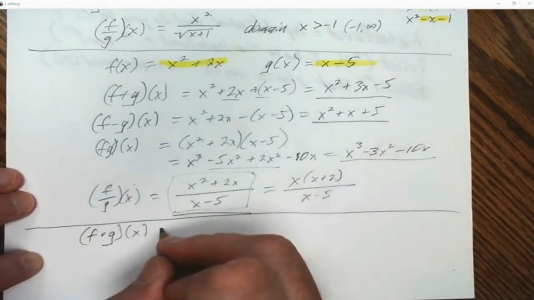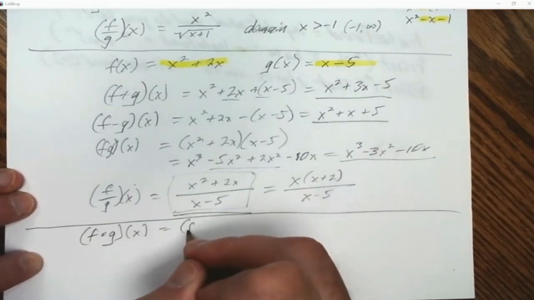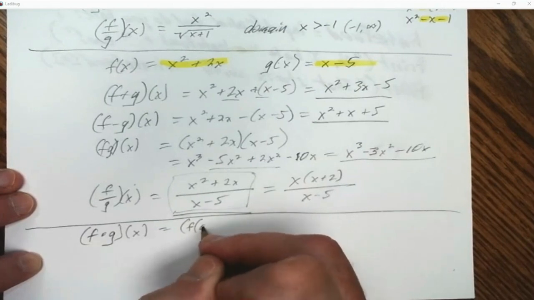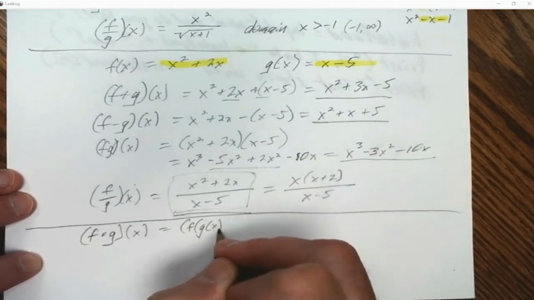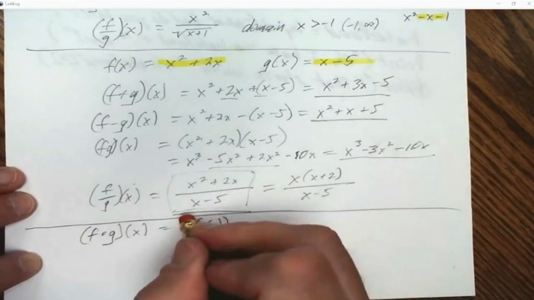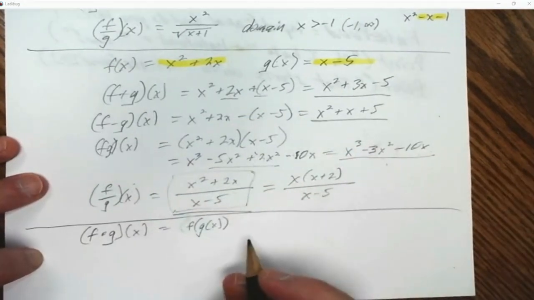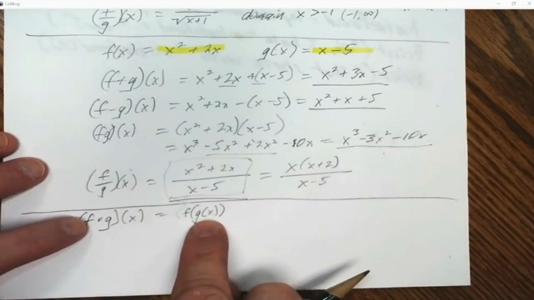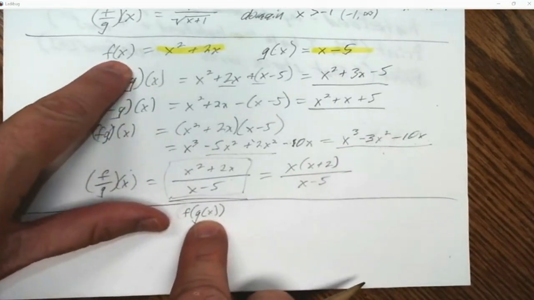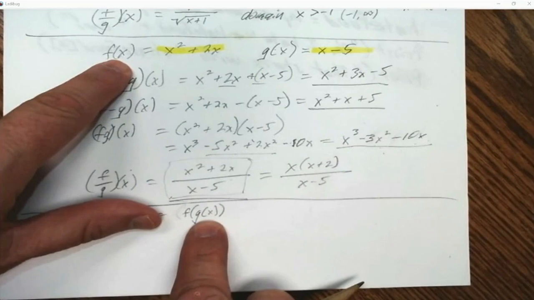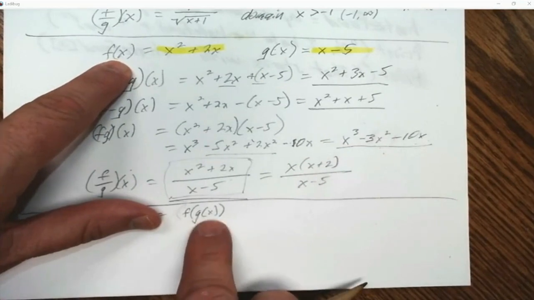What that means is you take f and substitute g of x inside of it. It's the same as f of g of x, which means if we had f of x, we substitute in for x whatever number we want. Well, in this case, it's saying substitute g of x in for x.